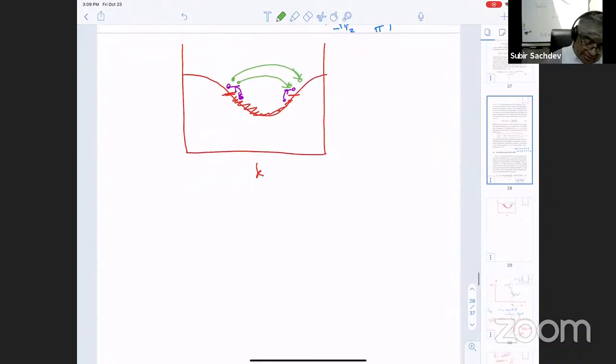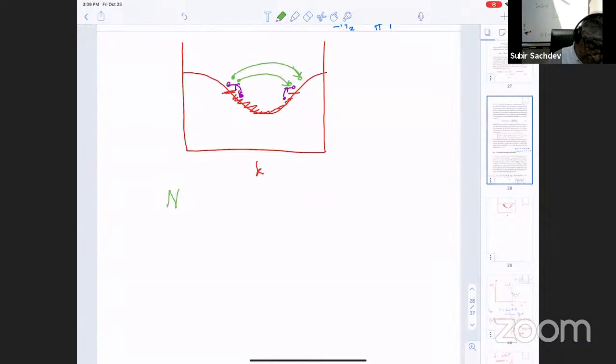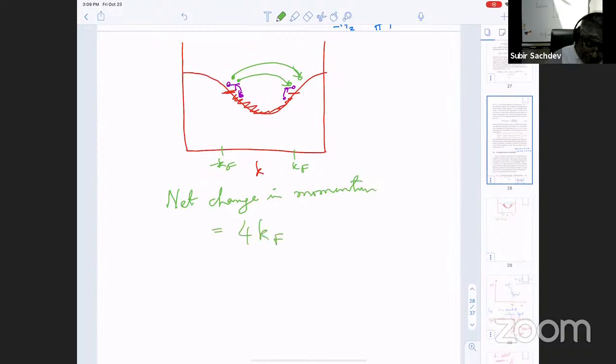Okay, so the net change in momentum in this process, if this is minus kF and kF, is 4 kF, because you take two electrons and each electron is picking up momentum of kF.